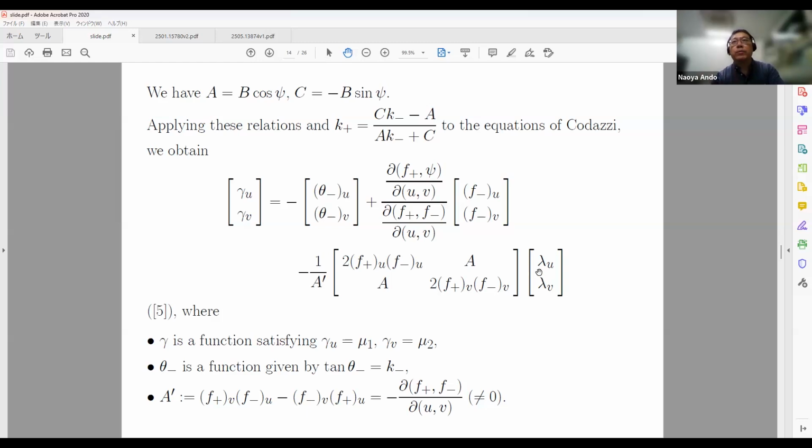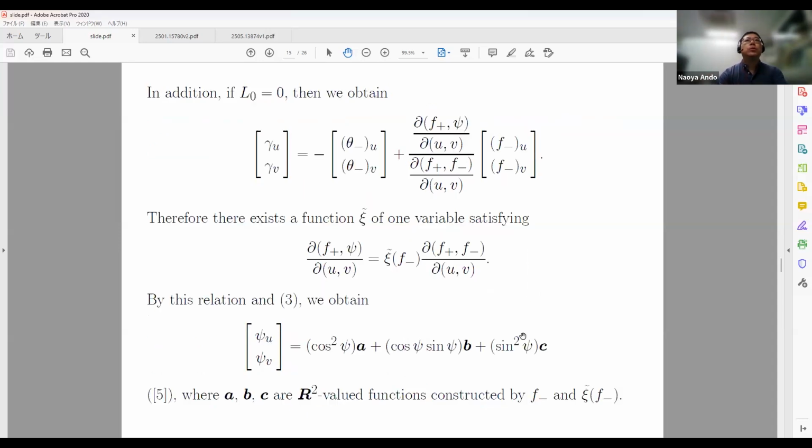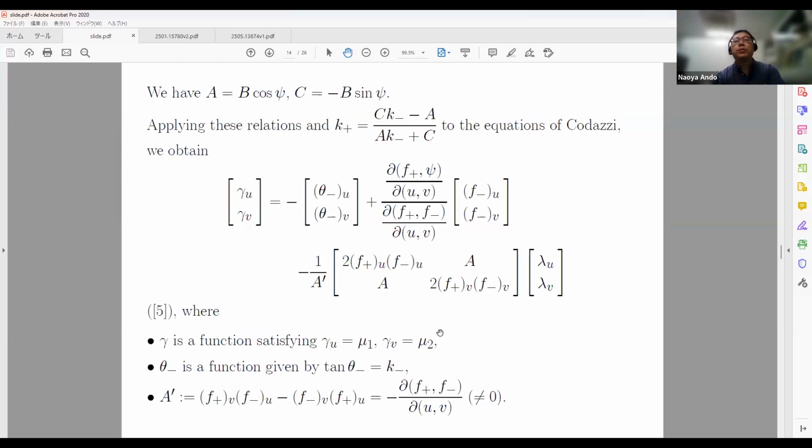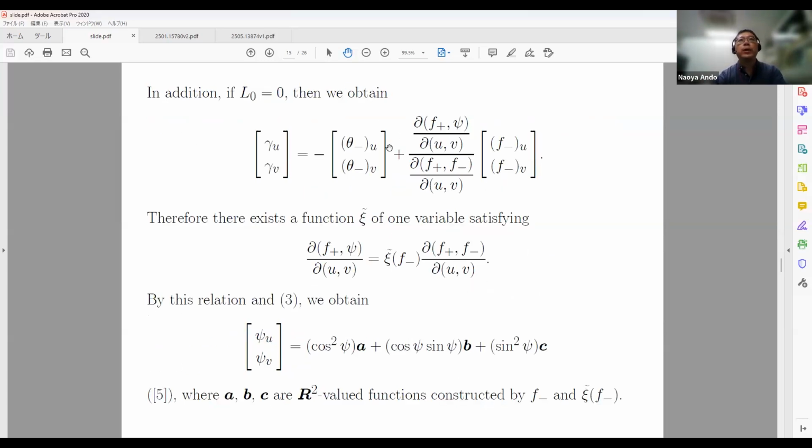Then we can suppose that lambda is a non-zero constant. So, if L0 is equal to 0, then we see that this term vanishes. So we obtain this condition.